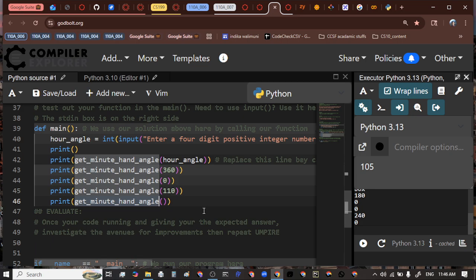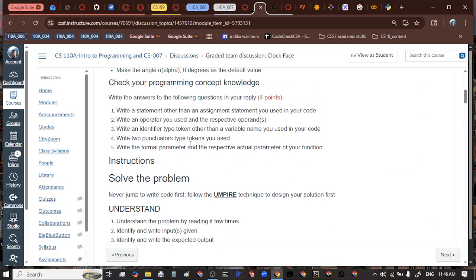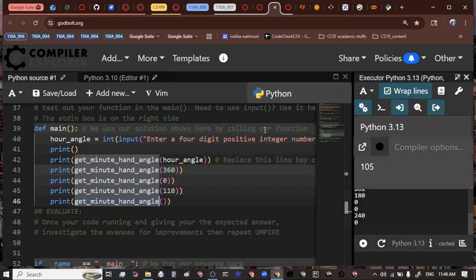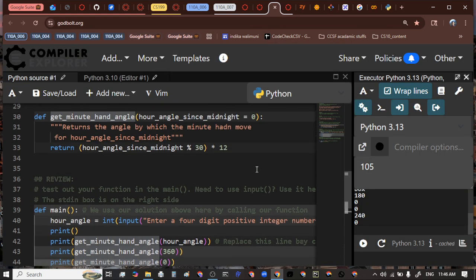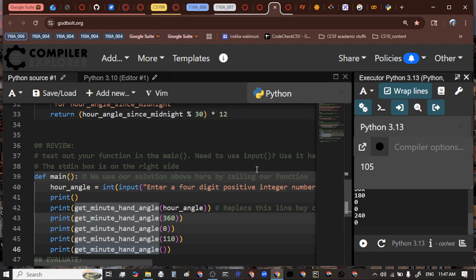All right, so let's quickly go over the questions. Question 5: write a statement other than an assignment statement you use in your code. What is the statement other than assignment statement here? Print is not a statement.